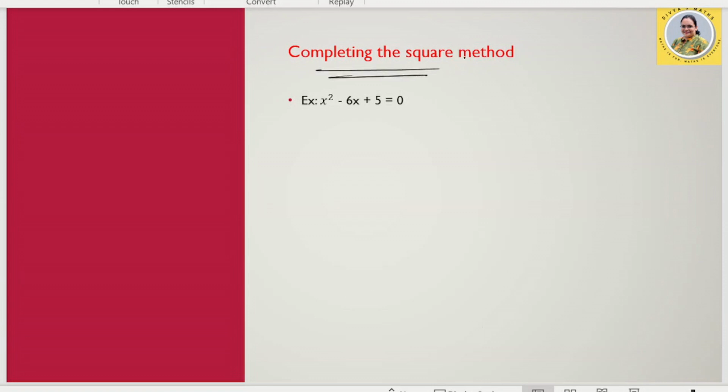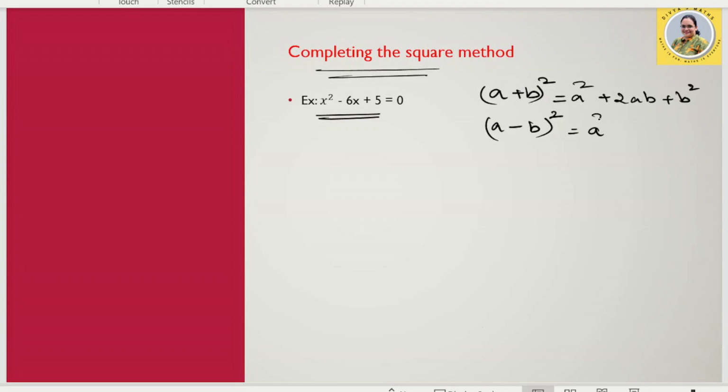To solve with this method, you need to get this equation in the form of any identities, such as a plus b whole square is equal to a square plus 2ab plus b square, or a minus b whole square, that is a square minus 2ab plus b square, or a square minus b square is equal to a plus b into a minus b.